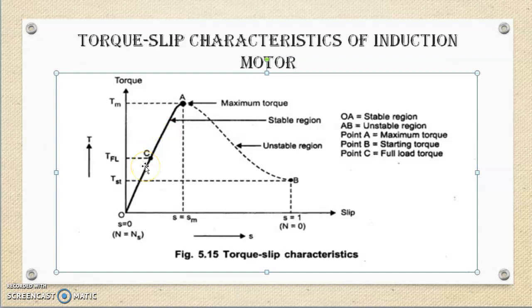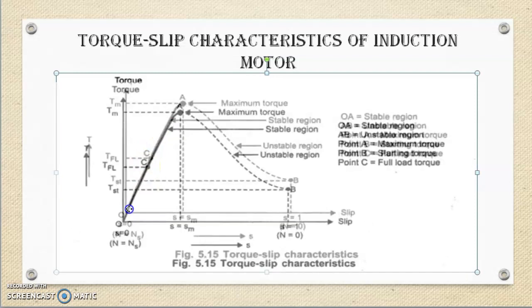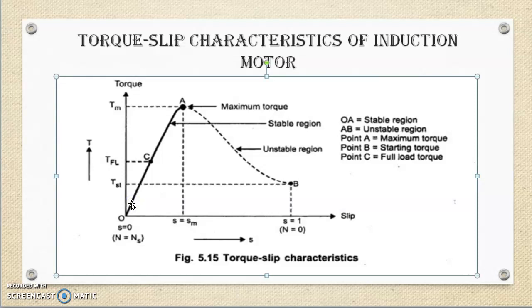So for the safe operation of motor, you can use only this much region from O to C. In the region C to B, you can drive your motor, but for a very small time, because in this region motor draws high current from the supply and there may be a chance of damage.